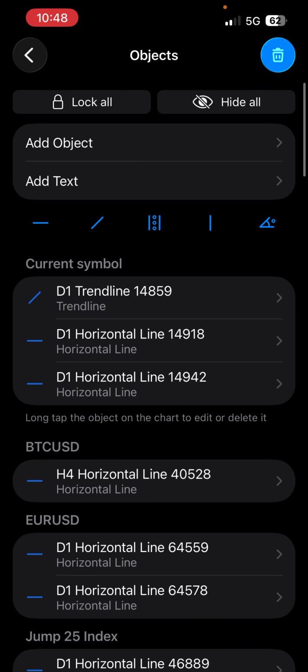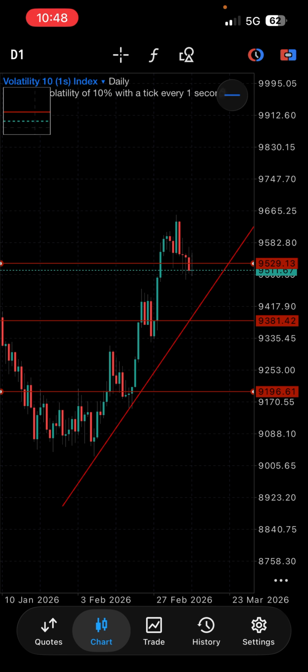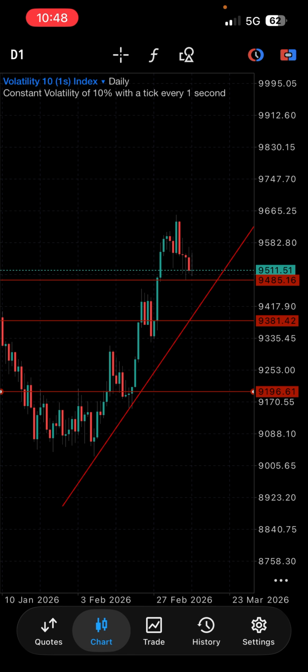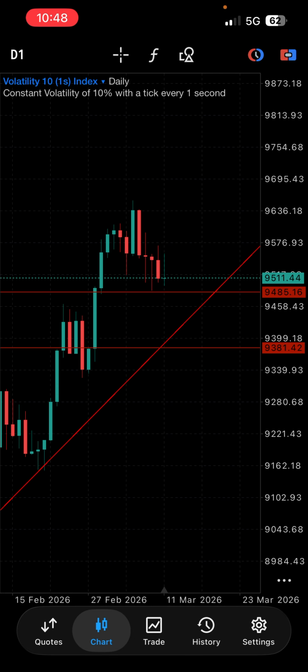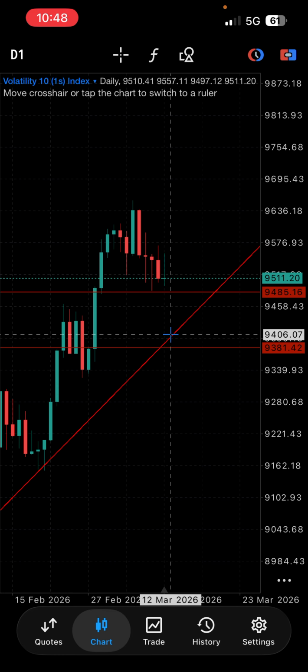You put your horizontal line on the high of the first candlestick, and then the low of the third candlestick. So now that I've drawn my fair value gap, I expect the market to retrace to this box inside this gap to fill this gap.